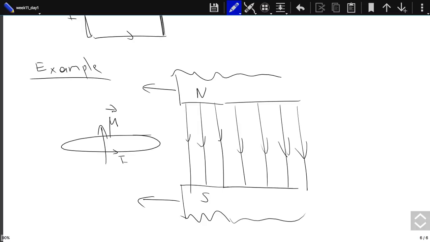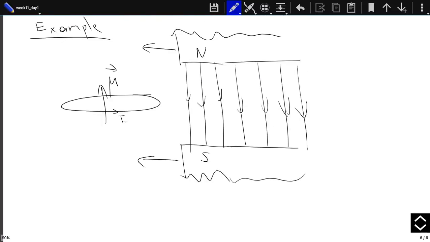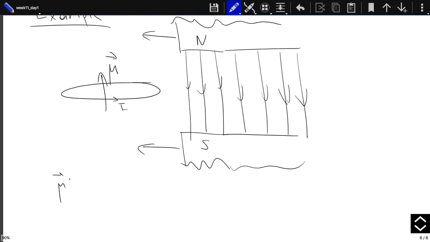So I will end up having a larger current when I move my loop into the magnets, or when I move the magnets into my loop. Agree? So the magnitude of mu increases in the given direction.